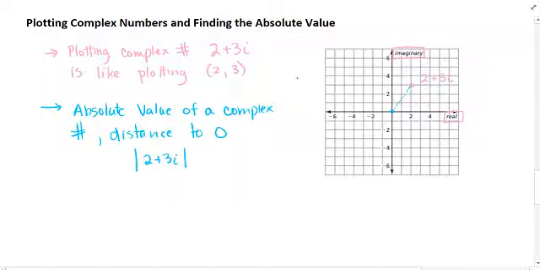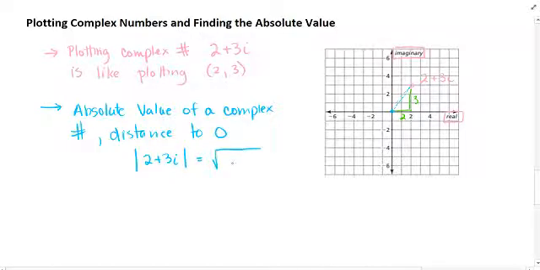Now, if you take a look, that distance there, or that absolute value that we have, is made up of two sides of a right triangle. This side, which measures 2, and this side, which measures 3. So that side has to be the square root of 2 squared plus 3 squared. Remember your Pythagorean theorem.